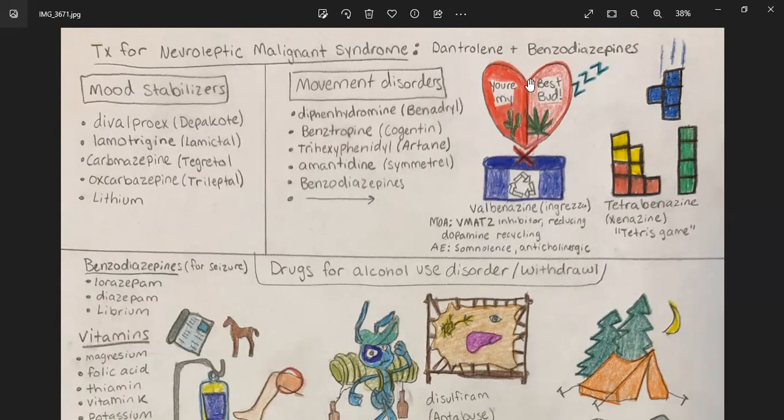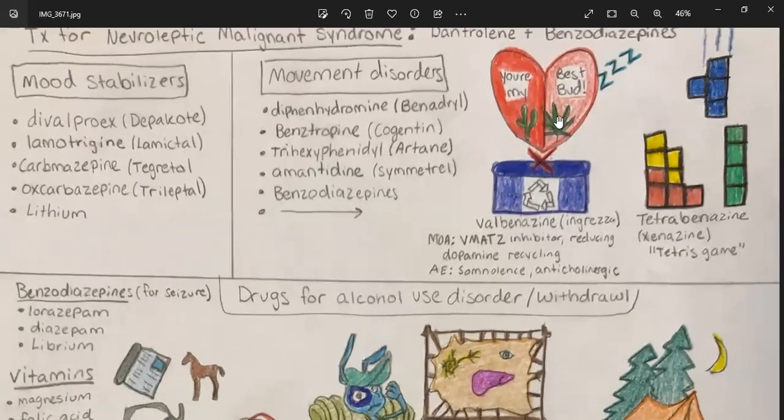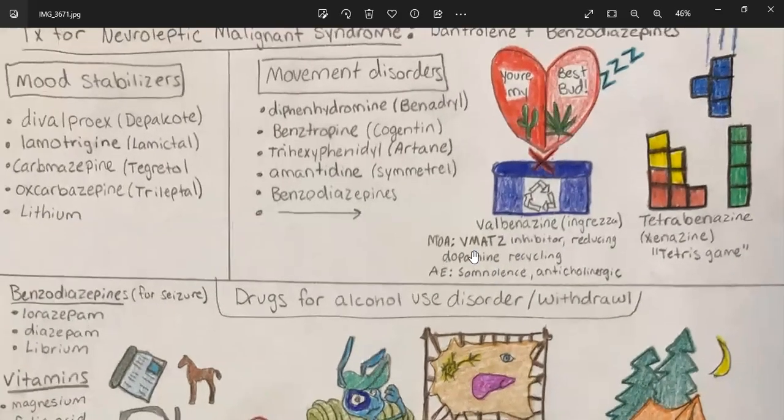So on this Valentine, which helps you remember Val and maybe VMAT, it says, "You're my best bud," because it's like a dope leaf, dopamine recycling. There's a big X here because it inhibits it.